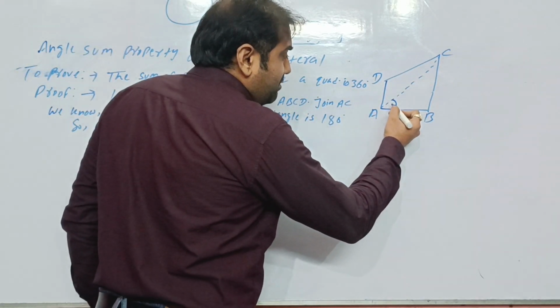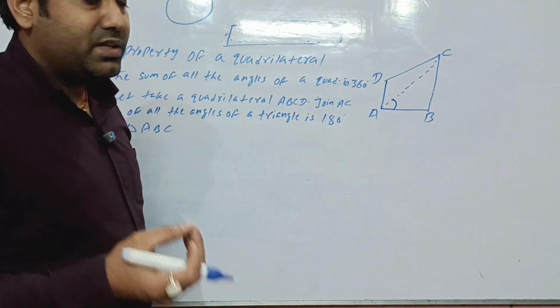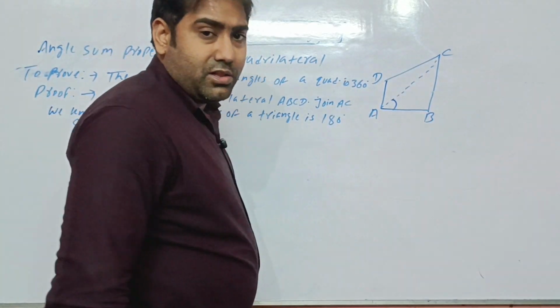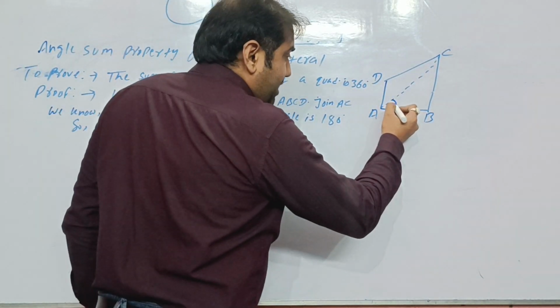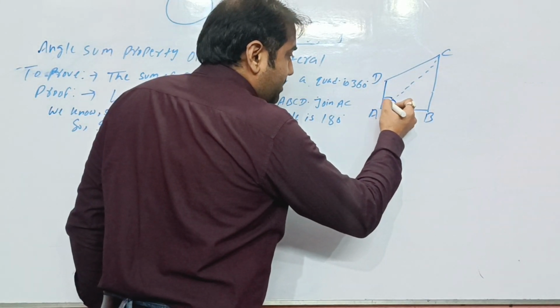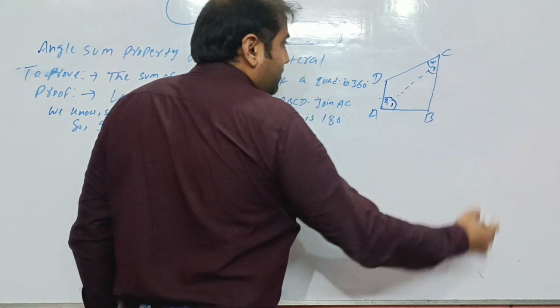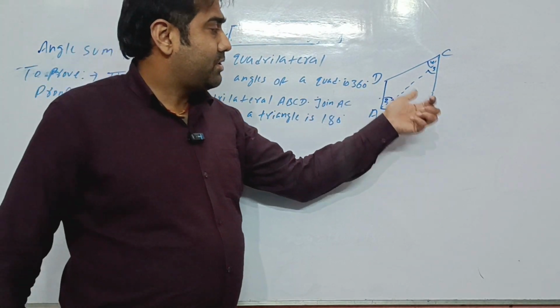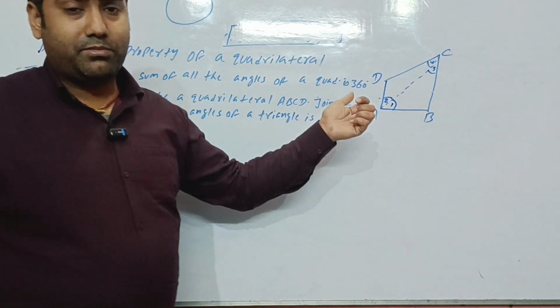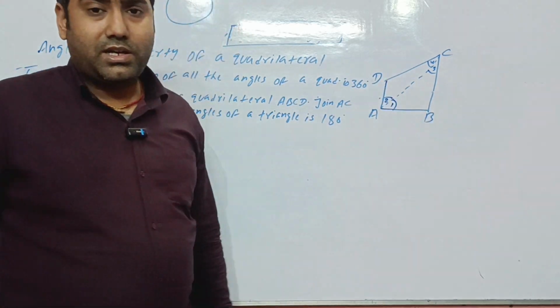So we give names to these angles also. I mark it here, angle 1, this is angle 2, this is angle 3, and this is angle 4, leaving B and D as usual.